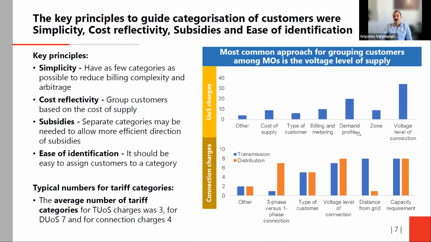And the key approaches that were used by MOs to group customers, the most popular measure that was being used was the voltage level of supply for use of system charges. And for the connection charges, the capacity requirement and the distance from the grid and the voltage level of supply.